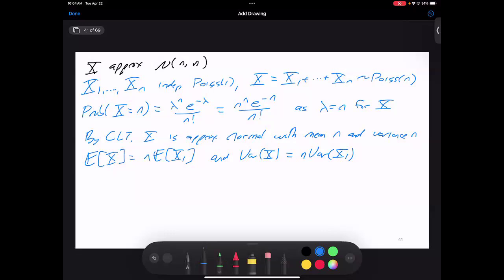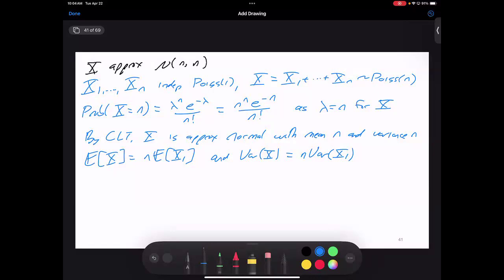I'm asking you the probability takes on a specific value. What is that probability? 0, right? The normal is continuous. So I shouldn't ask, what is the probability that my normal with mean n and variance n takes on the value n?